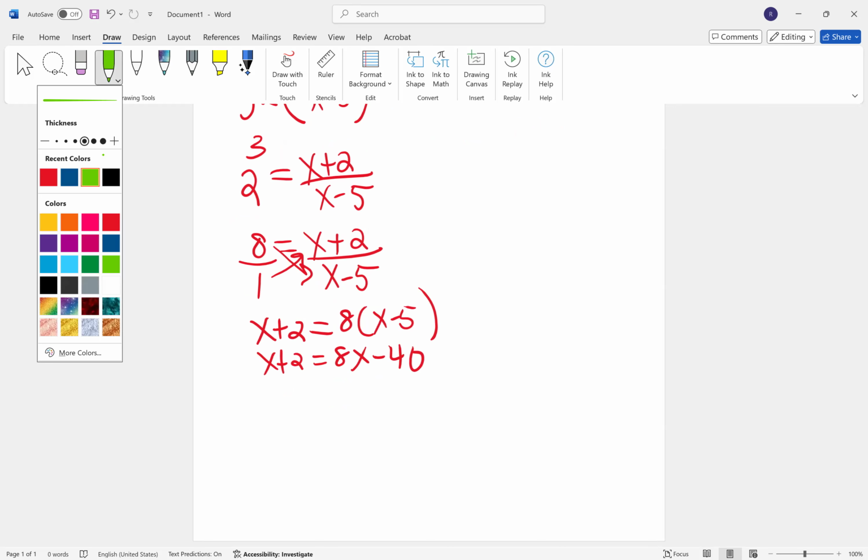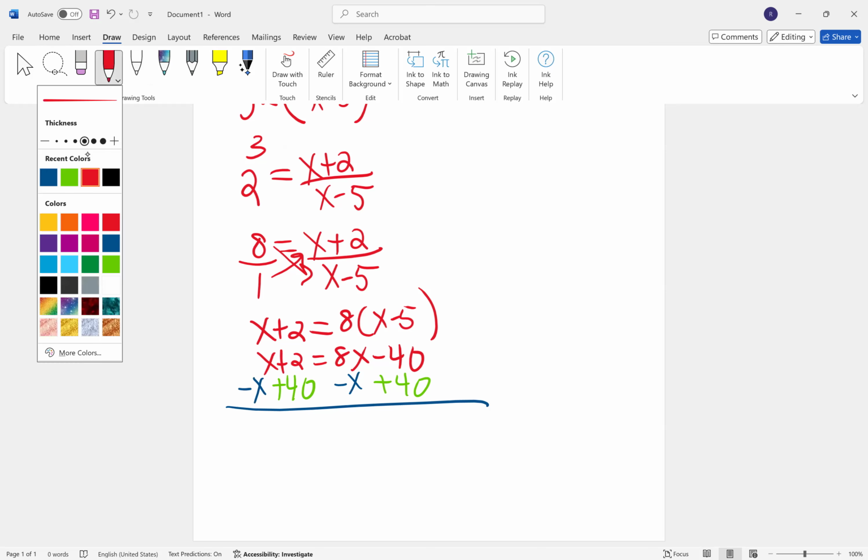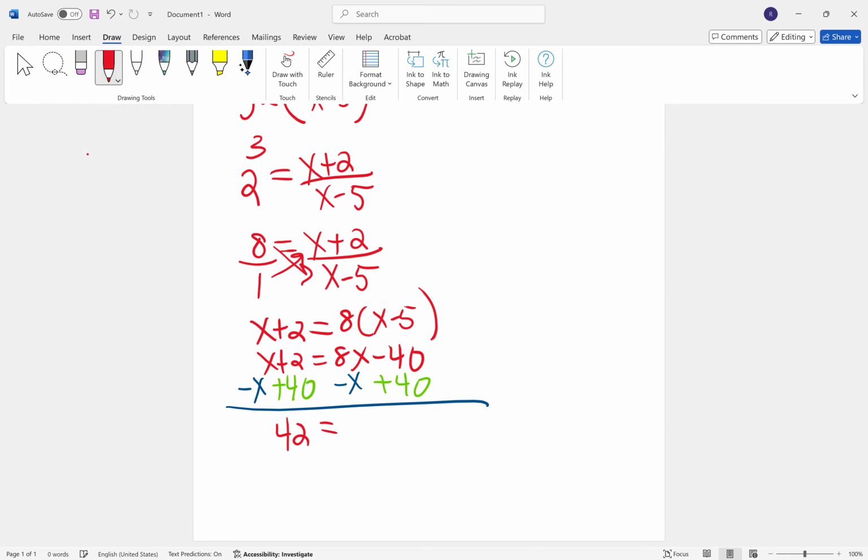So I'm going to add 40 to both sides, and I'm going to subtract x from both sides. So I'm bringing the x terms to the right, the constants to the left. So I'm going to get 42 is equal to 7x.